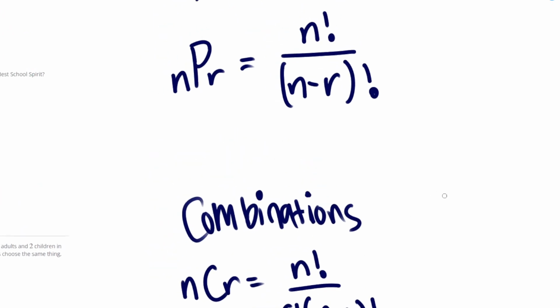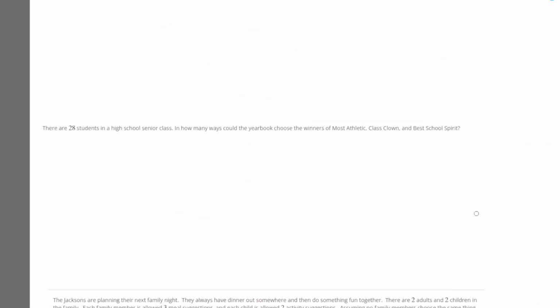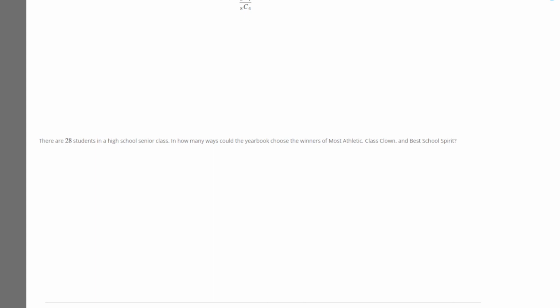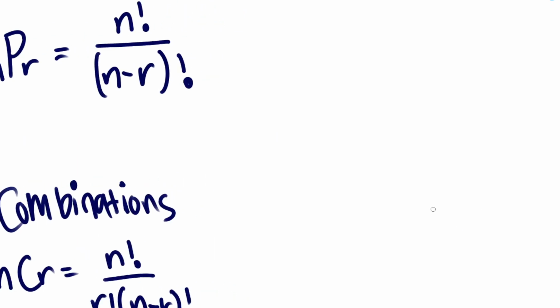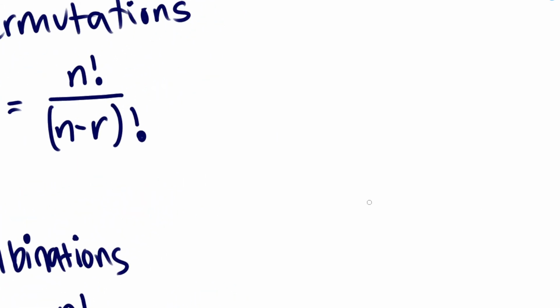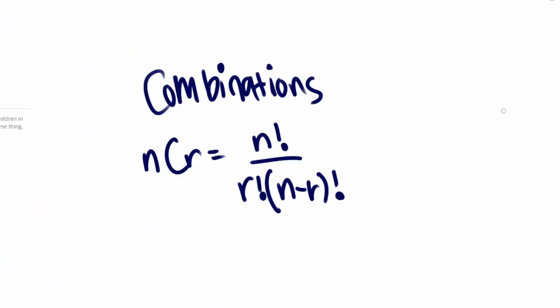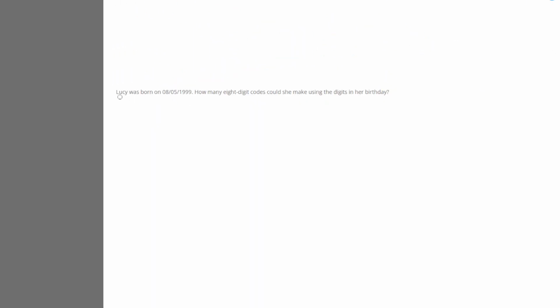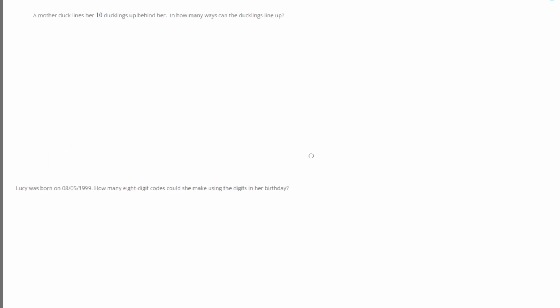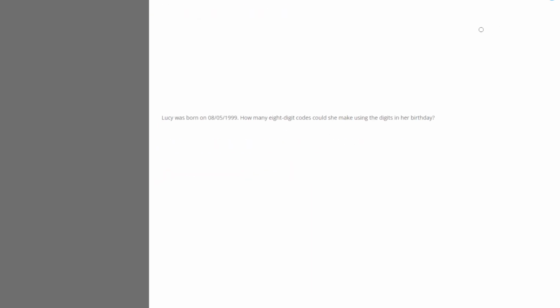So we'll be using that. There's also permutations with repeated objects. For example, in this problem, it's telling us that Lucy was born on 08/05/1999, and we want to know how many 8-digit codes we can make with the digits in her birthday. However, we have some repeating numbers here.